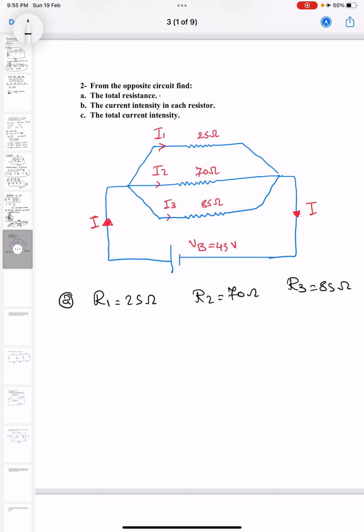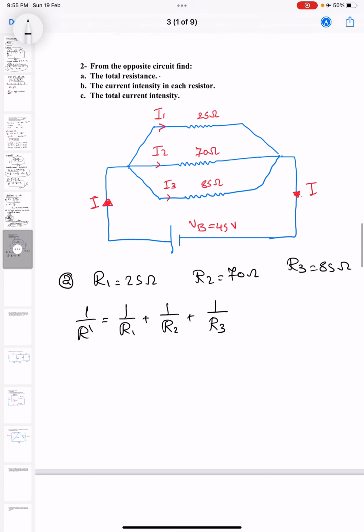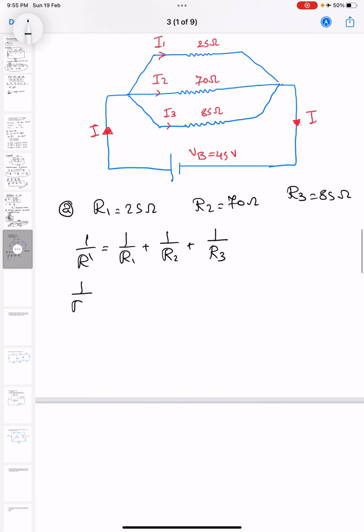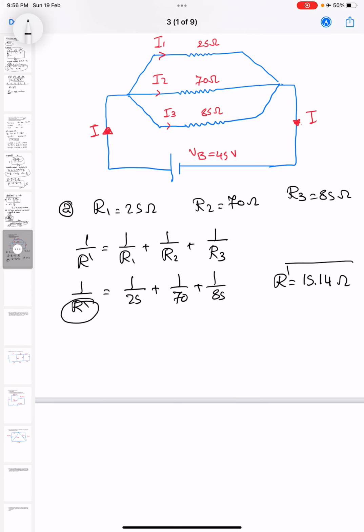So 1 over R dash equals 1 over R1 plus 1 over R2 plus 1 over R3. 1 over R dash equals 1 over 25 plus 1 over 70 plus 1 over 85. By calculator, shift solve, we can get R dash equal 15.14 ohm. Okay.